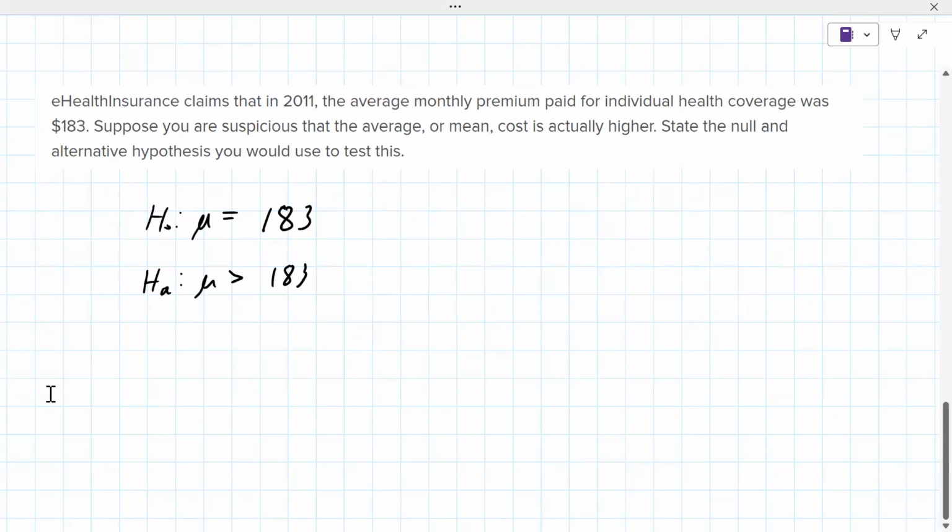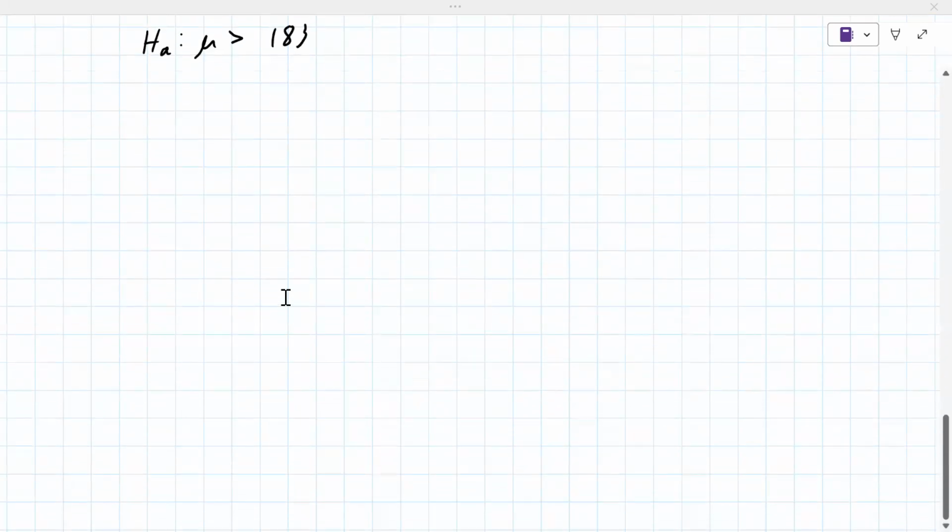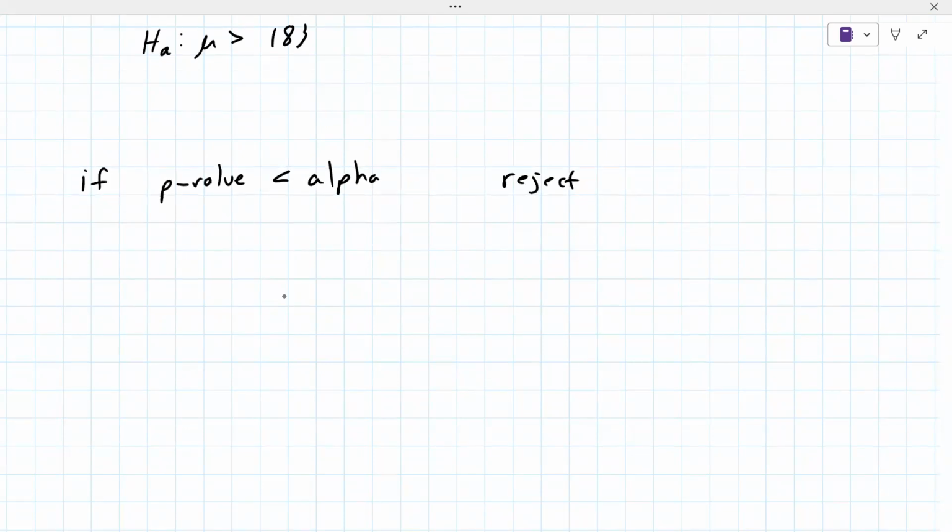So we'll maybe do a few more of these coming up, but let's move to talking now about rejecting and failing to reject. It's a very simple statement. If the p-value is less than alpha, you reject the null hypothesis.